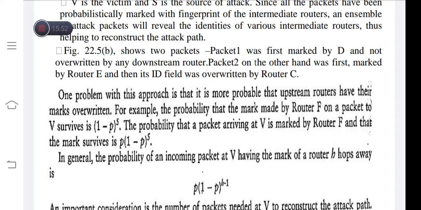That means if you want to generalize this, the probability of an incoming packet at the victim V having the mark of a router h hops away is p into (1 minus p) to the power h minus 1.